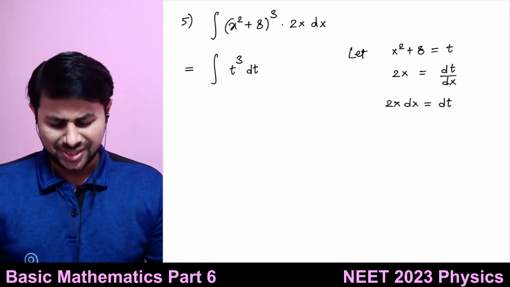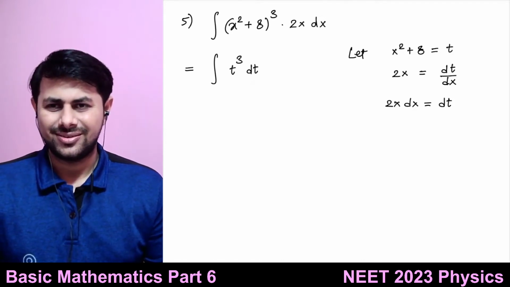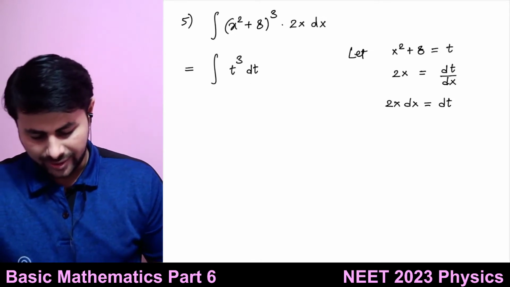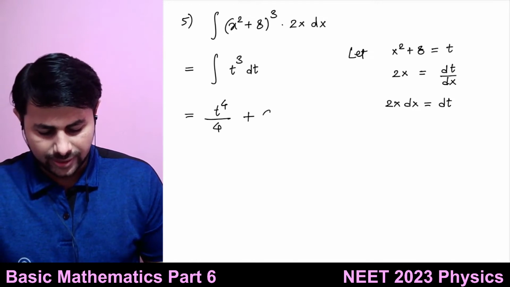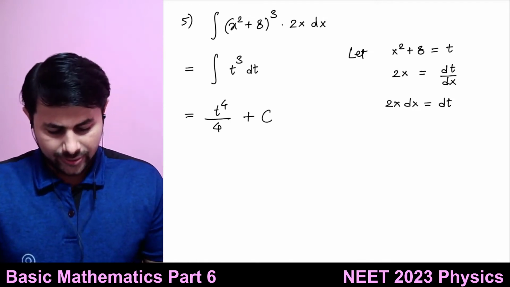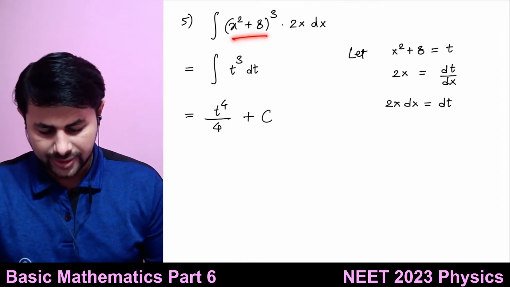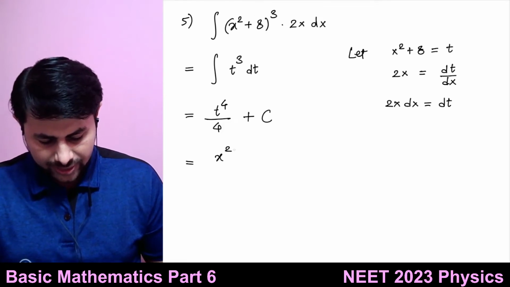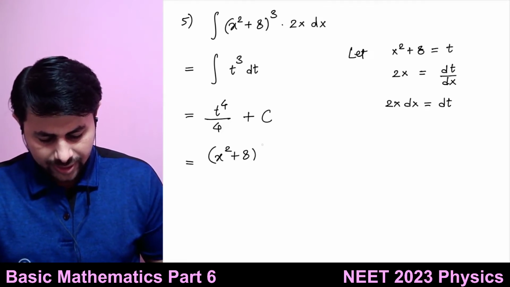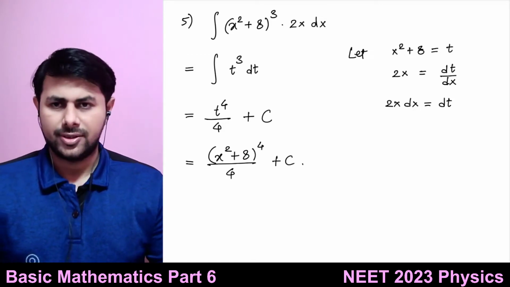So what is its integral? t to the power 4 by 4 plus a constant. Then I will substitute back t, which is x raised to 2 plus 8. So it is x raised to 2 plus 8, to the power 4, divided by 4, plus c. Simple.